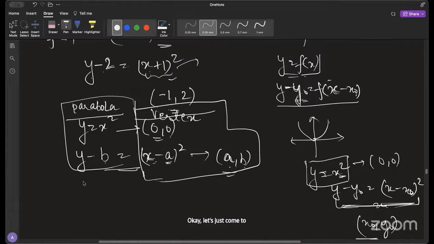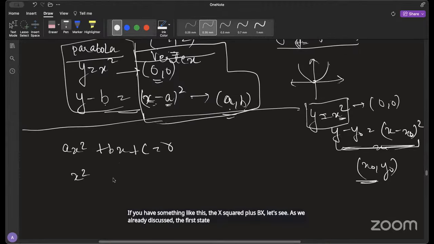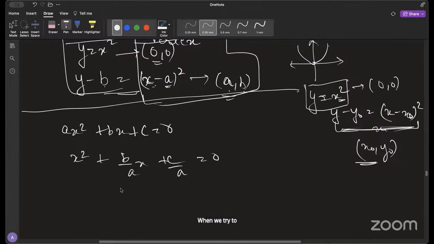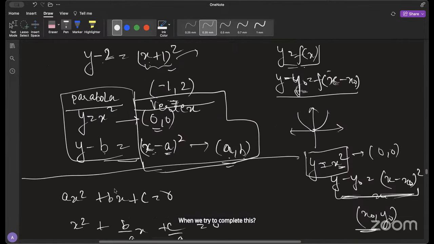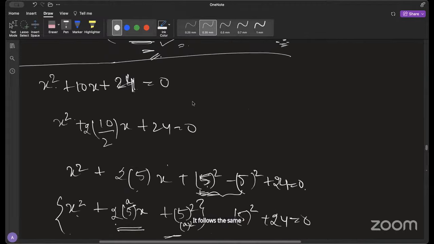Okay, let's just come to the quadratic formula then. If you have something like ax square plus bx plus c, as we already discussed, we first take this thing here, and then we try to complete the square. We've already done this. It follows the same approach.